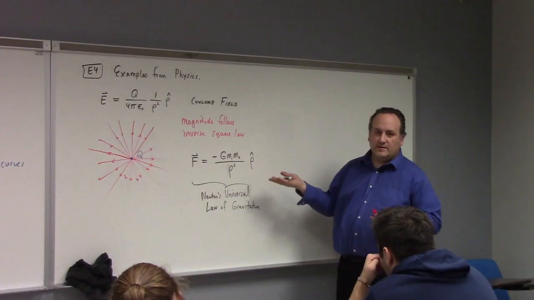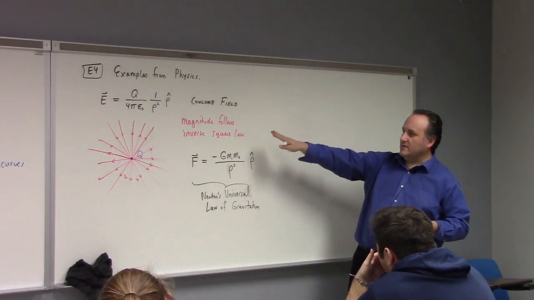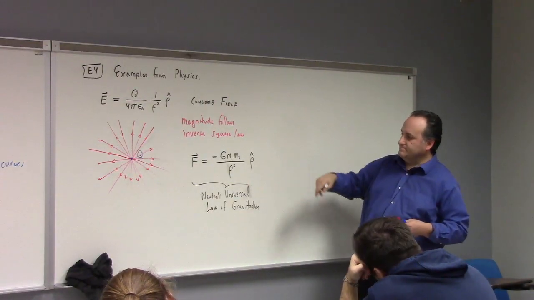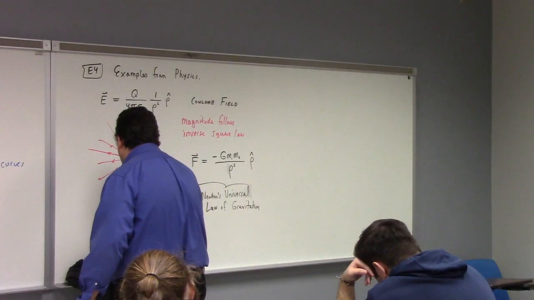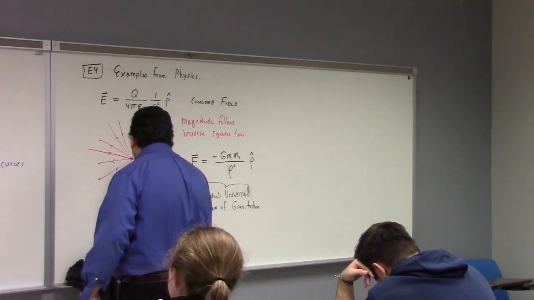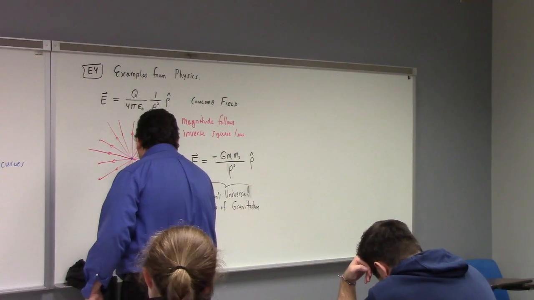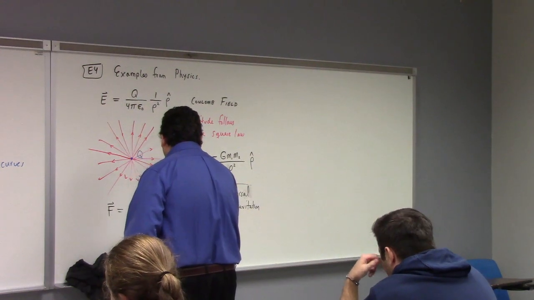Again, it's an inverse square law. That was the Coulomb field. The electric force, in contrast, looks like this: Q1 Q2 over 4 pi epsilon naught, a particular constant of nature, times 1 over rho squared, rho hat.